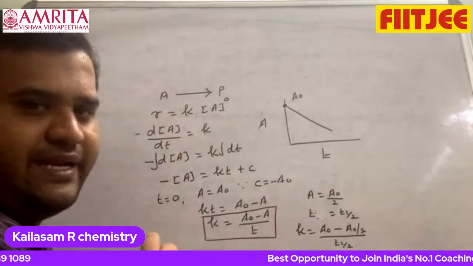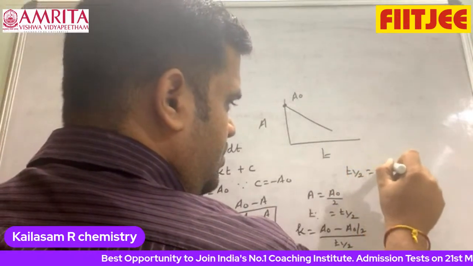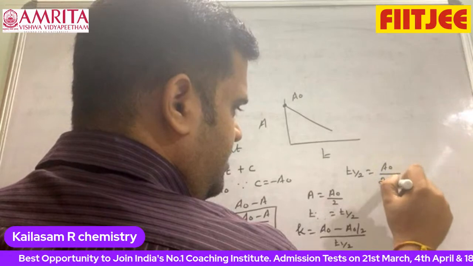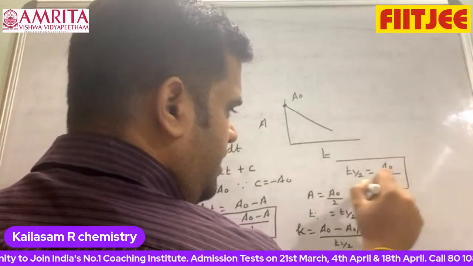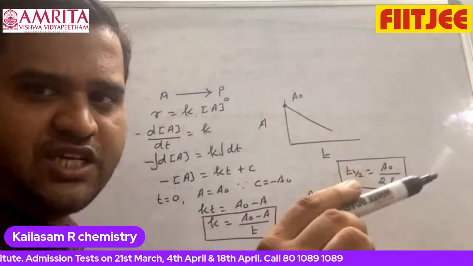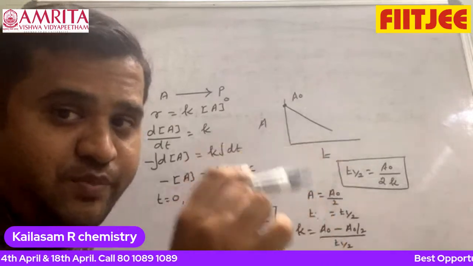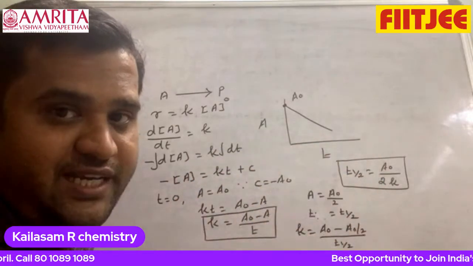Now I can write t half is equal to A naught by 2K. Look at that. The t half of the zero order reaction depends on the initial concentration of the reacting species.